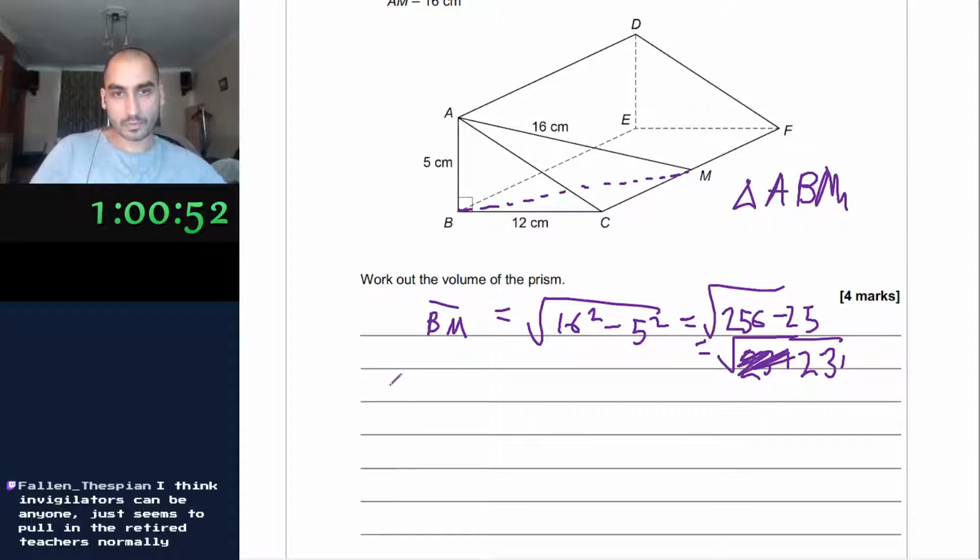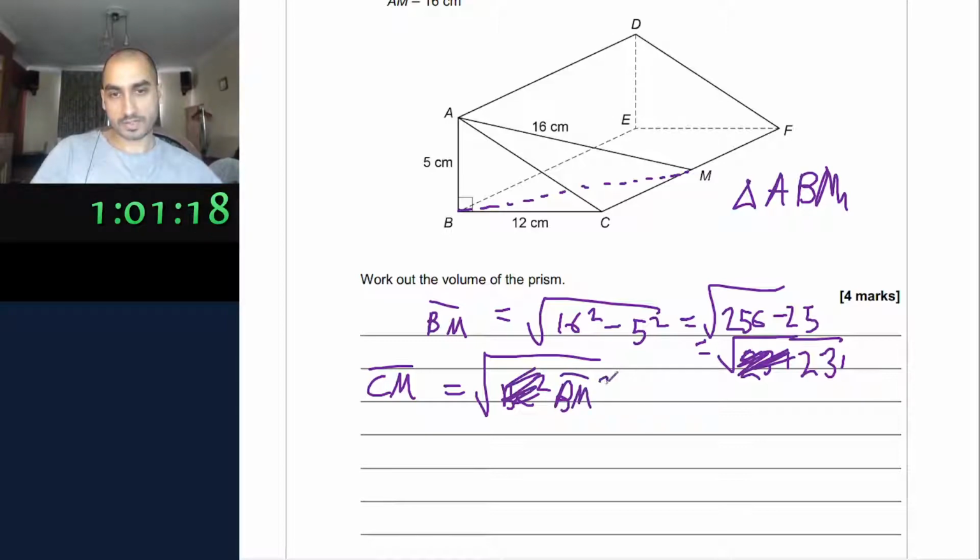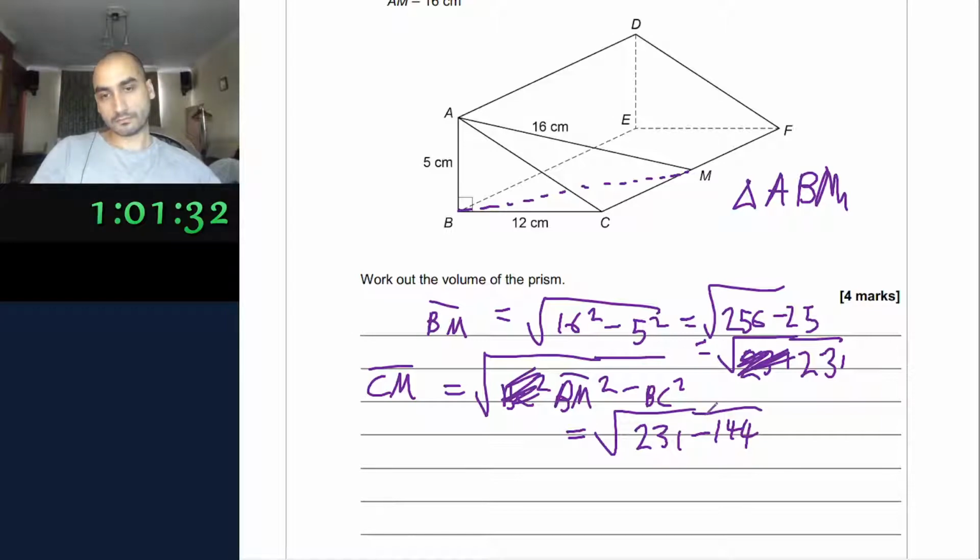So CM equals the square root of BM squared minus BC squared, equals root 231 minus 12 squared, which is 144, which is 87.